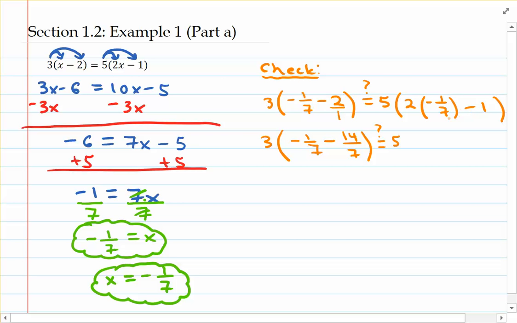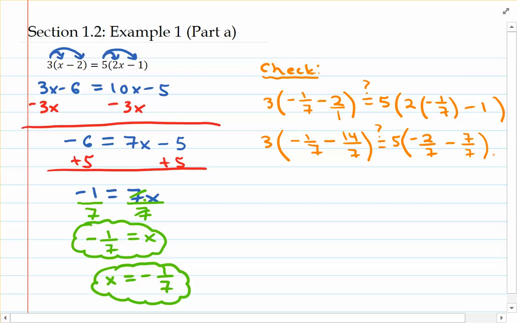Again, by following the order of operations, what we'll have to do first is multiply 2 times negative 1/7, and that's going to give us negative 2/7. And noting that there's a requirement of combining two fractions here, what I'll do is rewrite the 1 as 7 over 7 so we can get the common denominator right away.